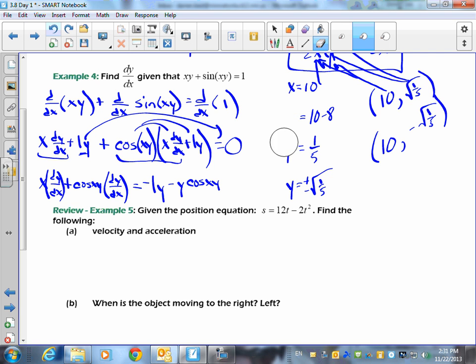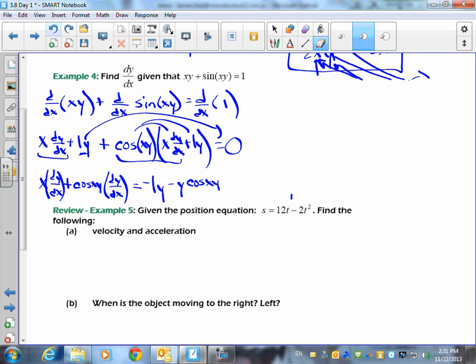Question? On the left, should it be cosine x squared y? Here? Oh, good point. This should be an x in front of that.